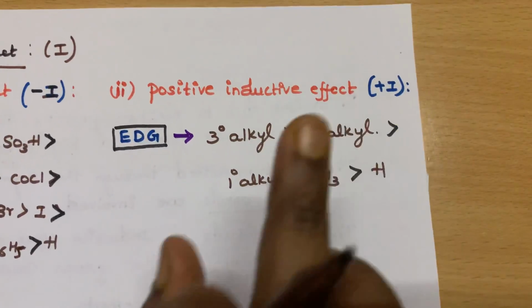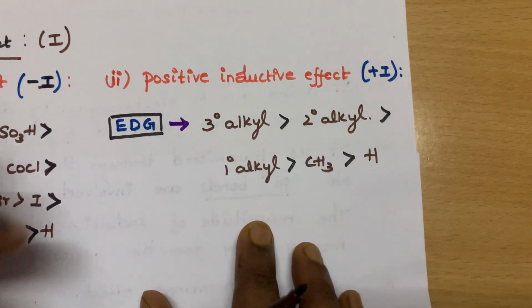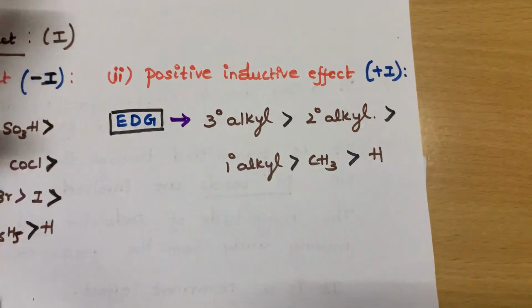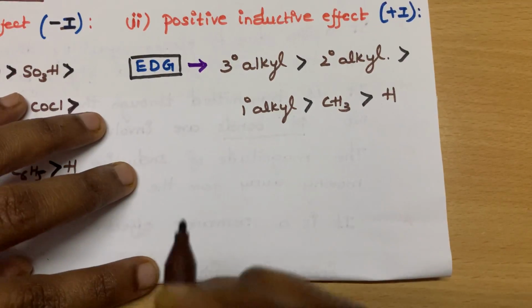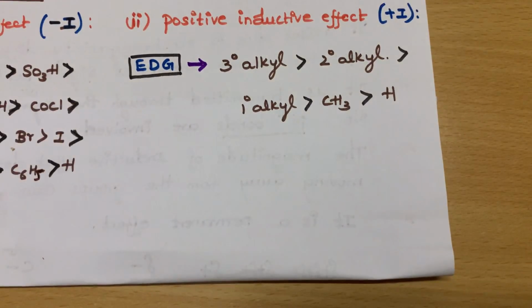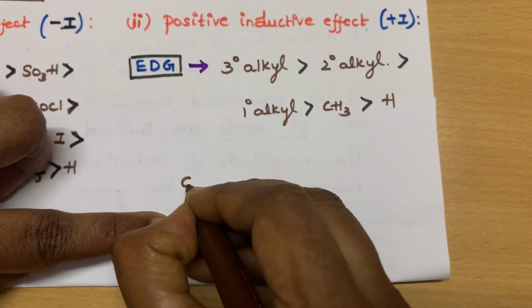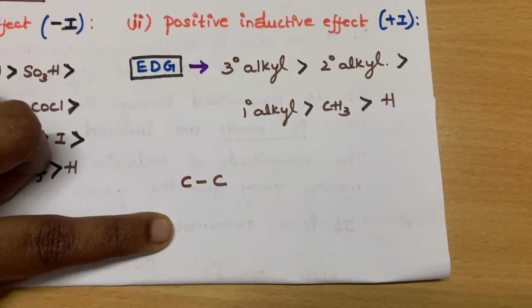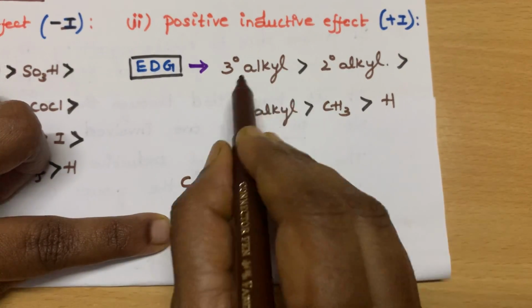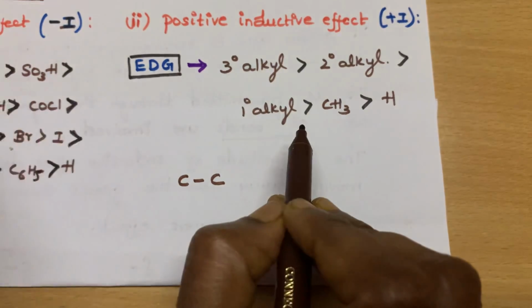Okay, so positive inductive effect. It is very easy to remember. I told you, these effects occur by the electronegativity difference. So all kinds of alkyl groups are electron donating.